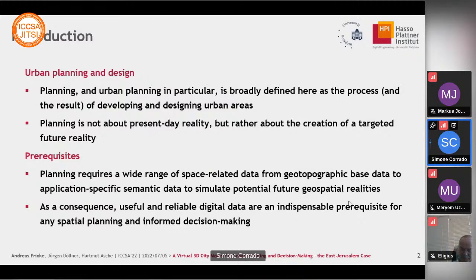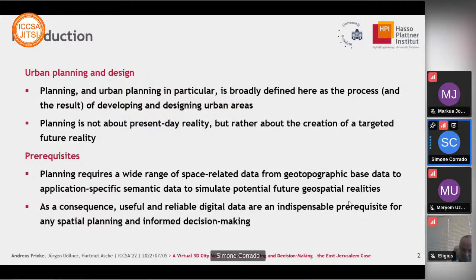So for our project, the prerequisite was a very broad space-related data set in terms of geotopographic base data, the bottom line for any specific application or use case, for example different sectors like health, waste, or water management.